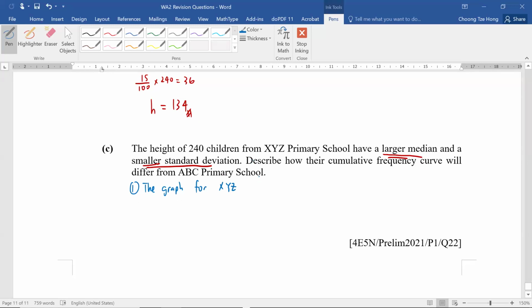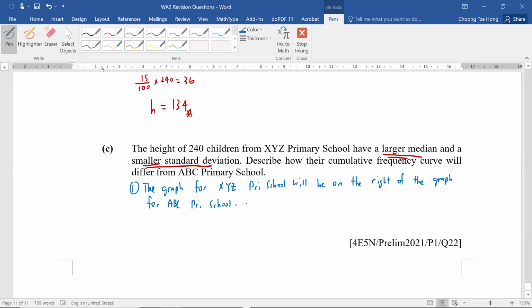The graph for LC primary school will be on the right of the graph for ABC primary school.